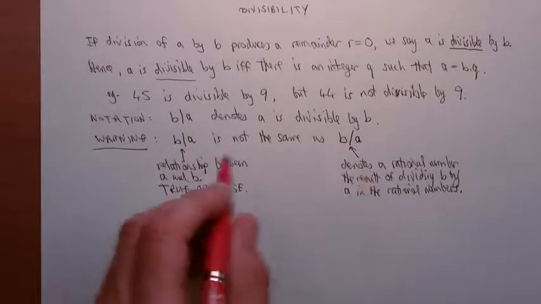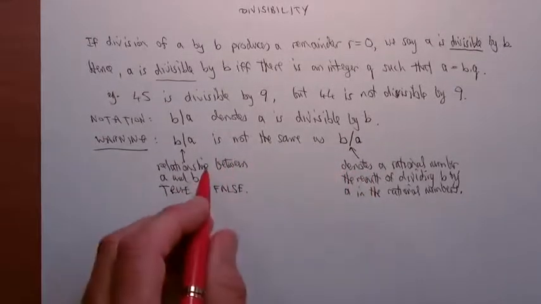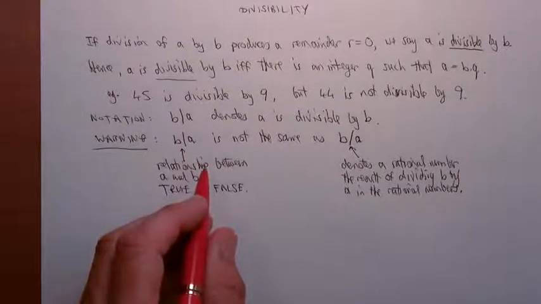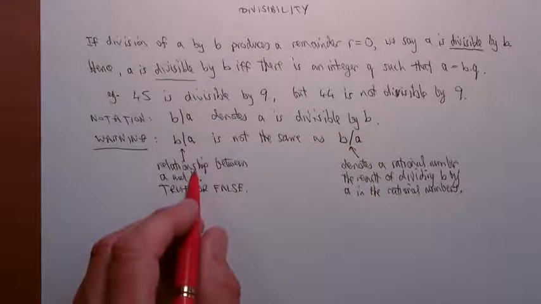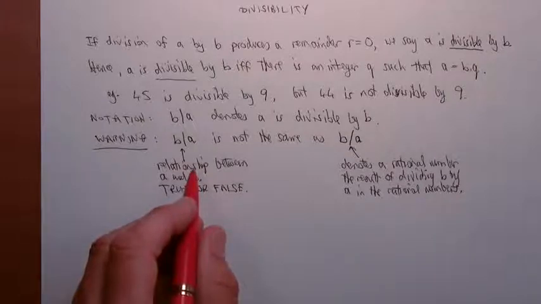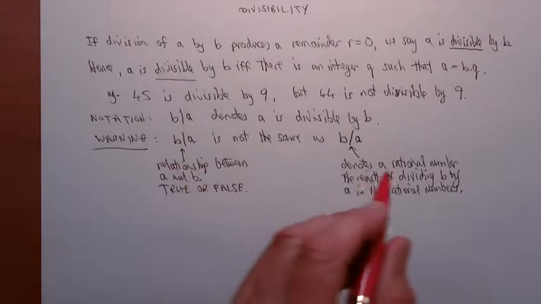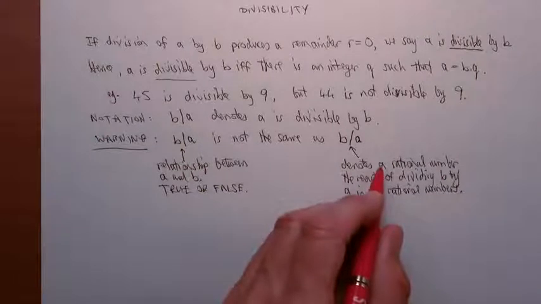They both, after all, do have to do with division. But in this case, it's a property, and has nothing to do with fractions, with rational numbers. This is a specific rational number that we're referring to.